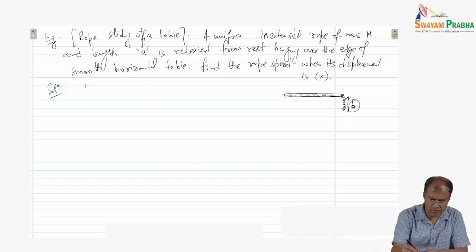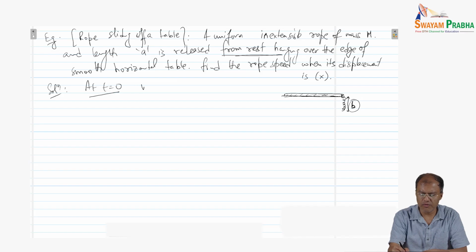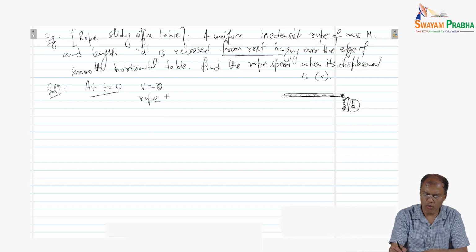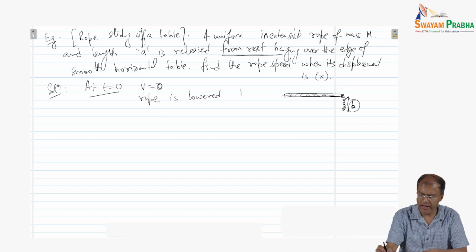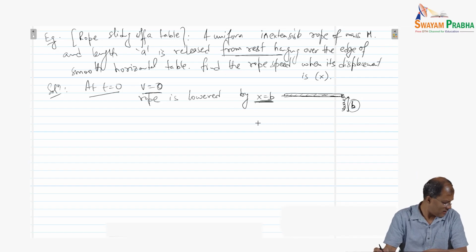So now at t equal to 0, we put an initial condition. The rope is released from rest. So at t equal to 0, we have the velocity v is 0, right? And the rope is lowered by x equal to b. So these are my initial conditions. So at t equal to 0, the velocity v is 0 and the length of the rope hanging is b, right?